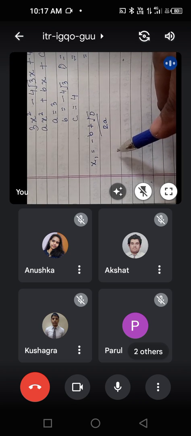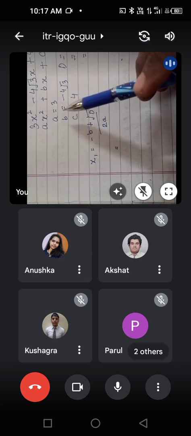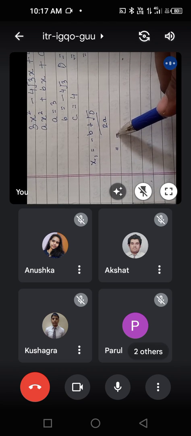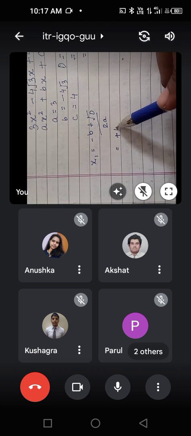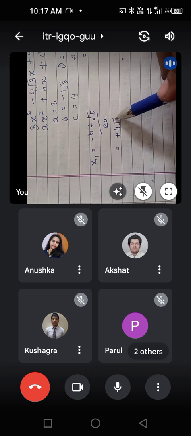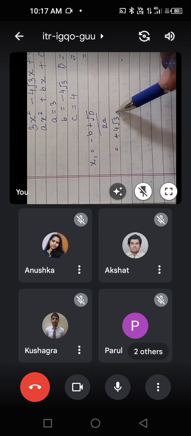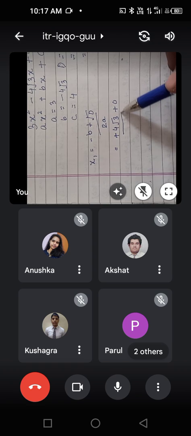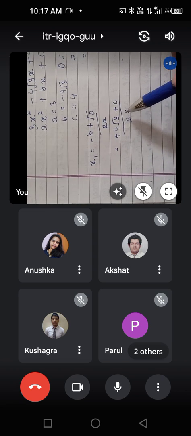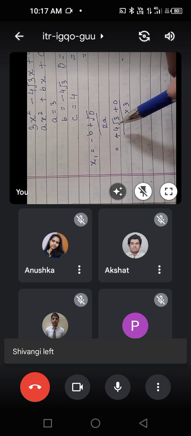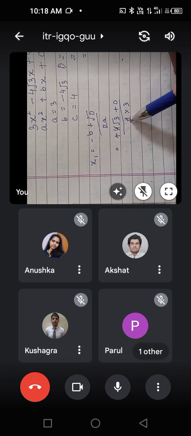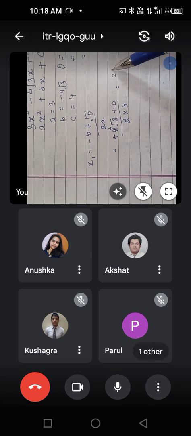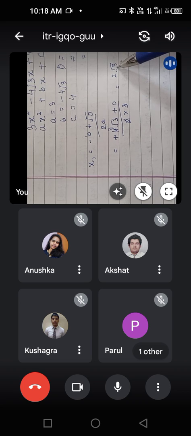So this will give you the first root. Minus b you find out from this, minus 4 root 3, so minus minus will become plus 4 root 3, plus D is 0, so that will be 0, upon 2 into a value is 3. You can cancel here. 2 ones are 2, 2 twos are 4. That is equal to 2 root 3 upon 3.